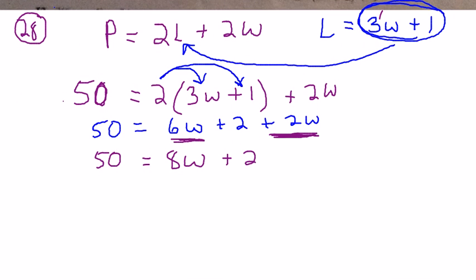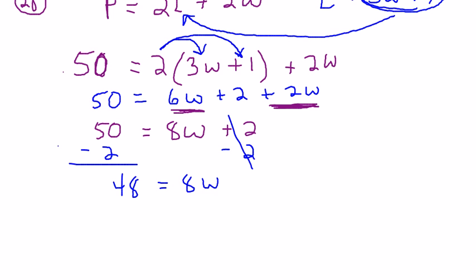Since our goal is to isolate our variable, we must get rid of that positive 2, so we subtract 2 on each side. On the left, 50 minus 2 is 48, and on the right we have 8W. To undo multiplication by 8, we divide by 8 on each side, and we are left with W equals 48 divided by 8, which is 6.